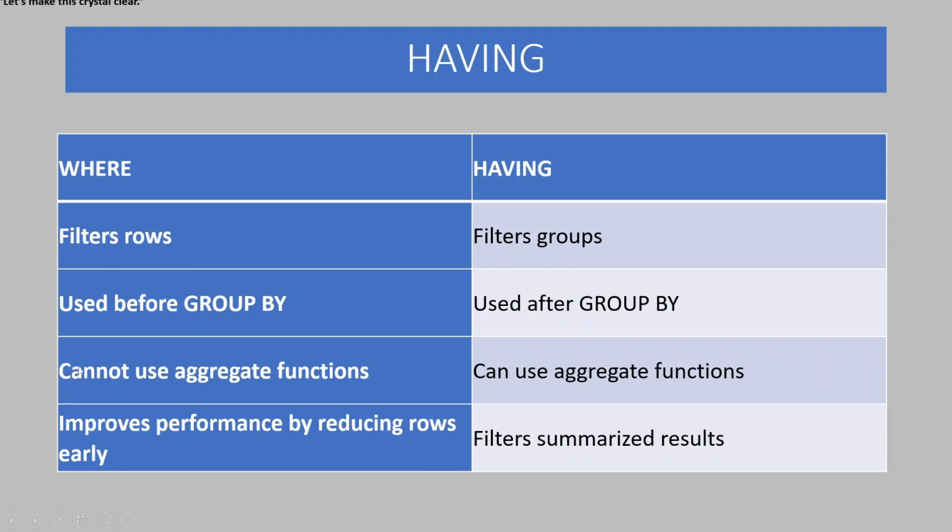Okay, and where cannot use aggregate functions. Like I said, after the from, where will get executed, so we cannot use aggregate functions in where. And in having, we can use aggregate functions because it filters the aggregated results. That's right. And where actually improves performance by reducing the rows early, and having filters the summarized results.